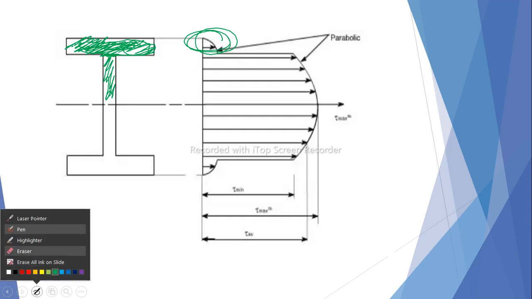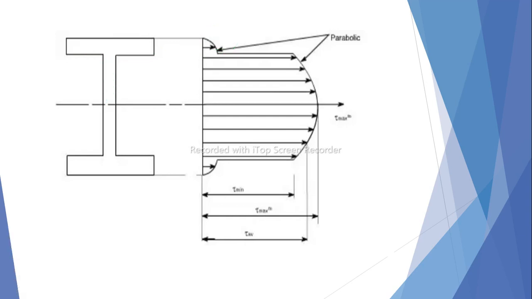And for the minimum shearing stress, the area we need is just this one at the junction, where the minimum shearing stress happens.